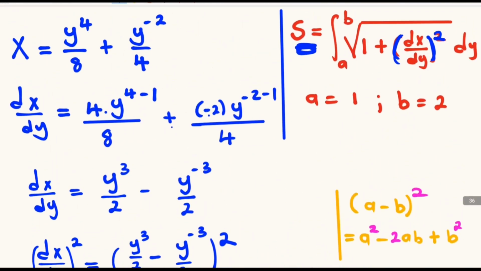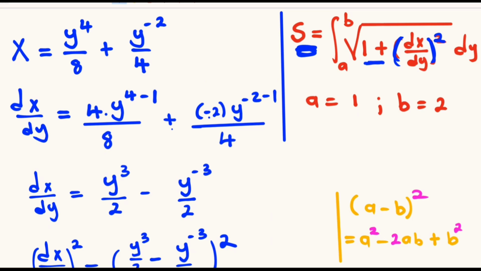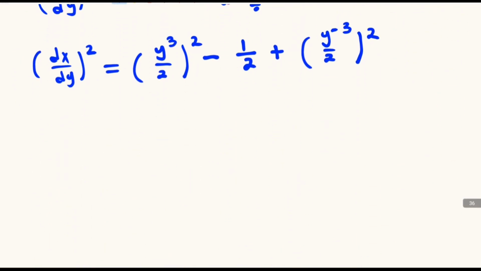And on our formula we can also see that we have the plus 1, so we are going to add 1 to both sides of the equation, so we have 1 plus the derivative of x with respect to y squared.